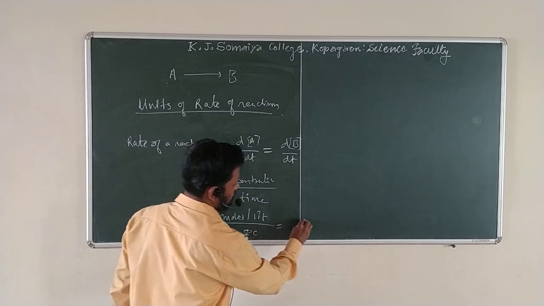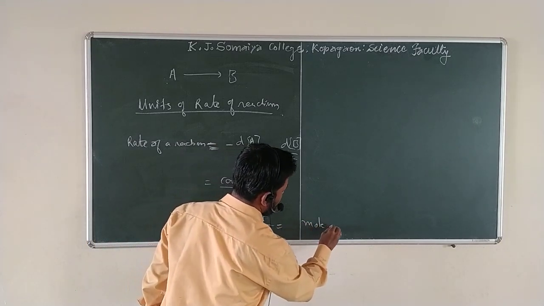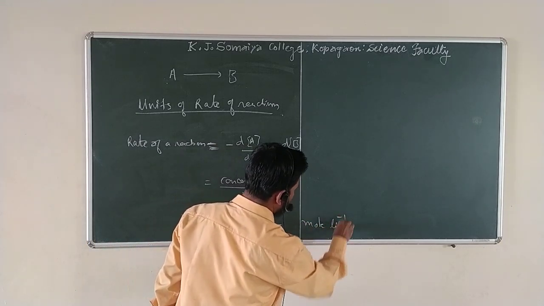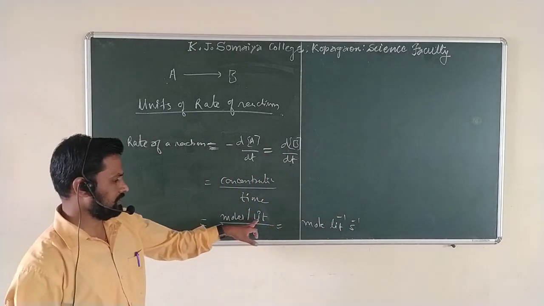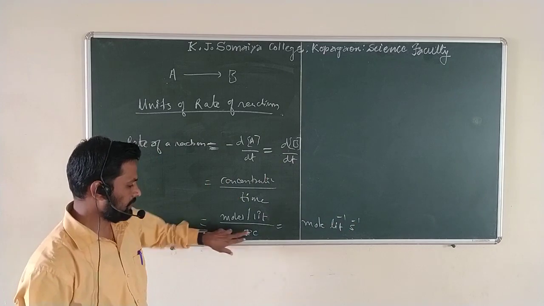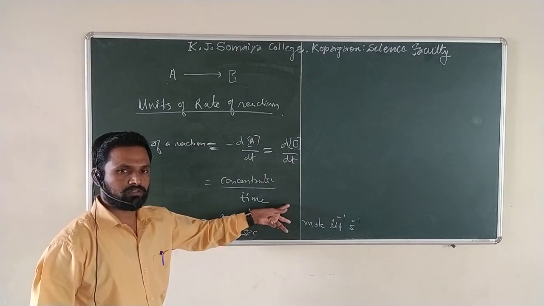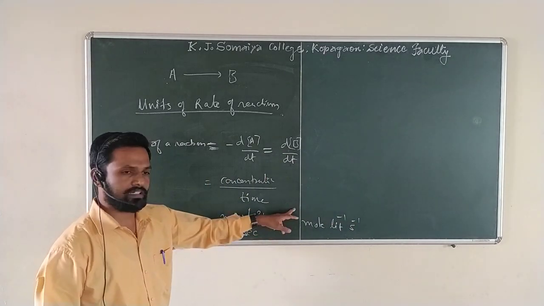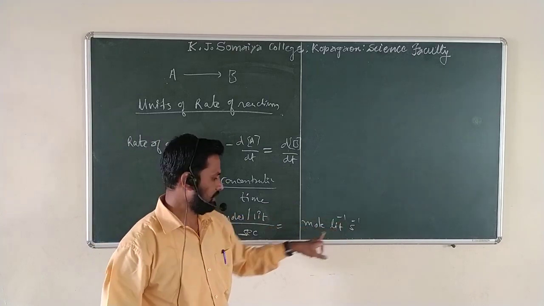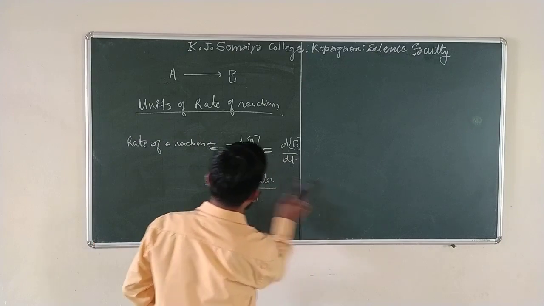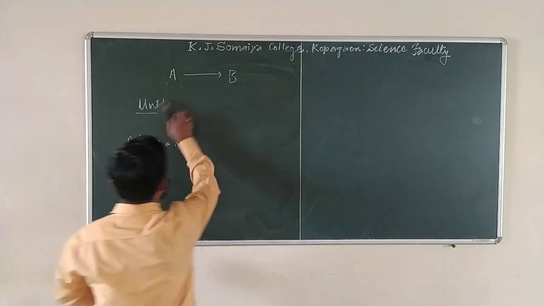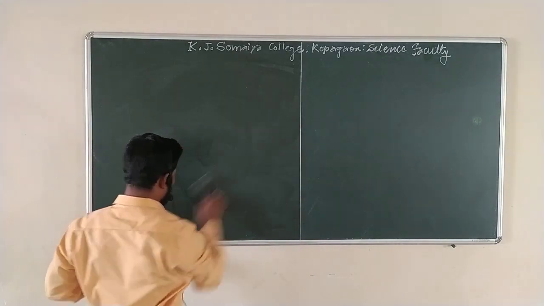So it can be written as moles per liter per second. You can observe here it will be the denominator. If the denominator is put into the numerator, that will become the negative sign, moles per liter per second. Okay. I hope you understand this rate of reaction and how to write the rate of reaction.